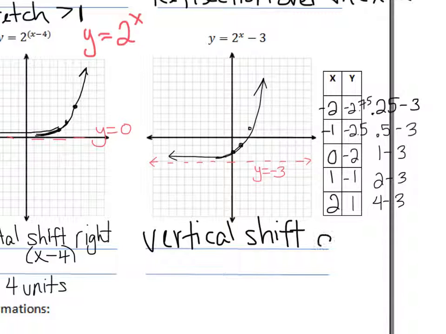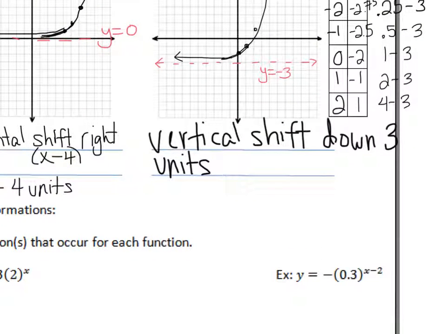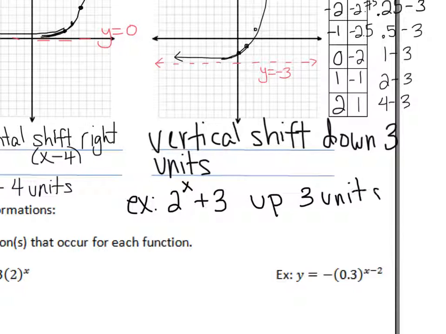So it's a vertical shift down 3 units. So continuing on in the same thread as the rest of them, an extra example. If you have 2 to the x plus 3, then you would have a vertical shift up 3 units. So those are your type of transformations: compression, stretch, reflection, and then horizontal and vertical shifts.